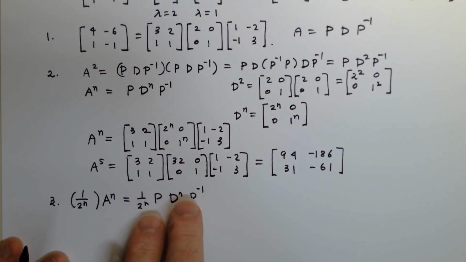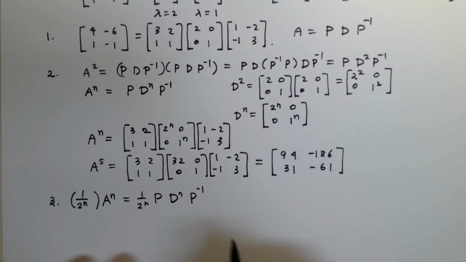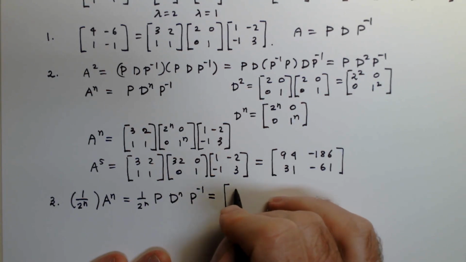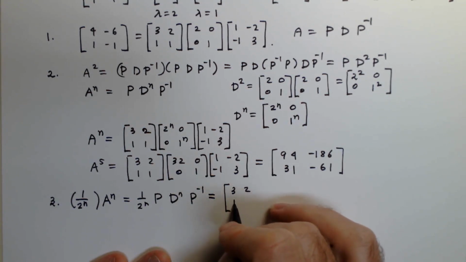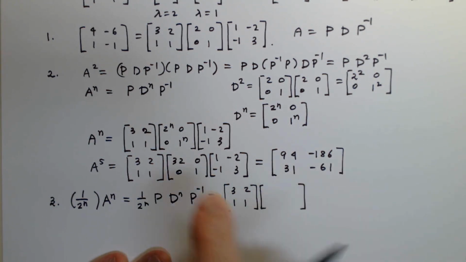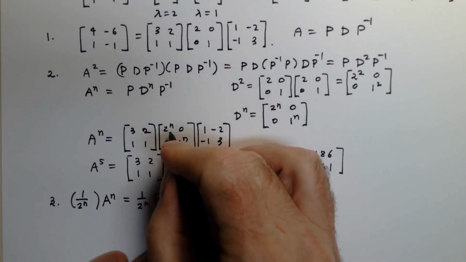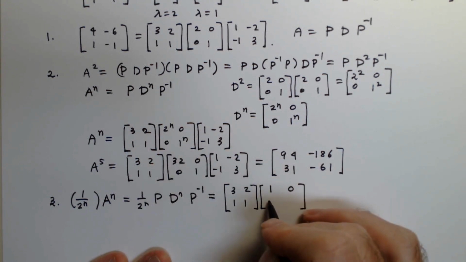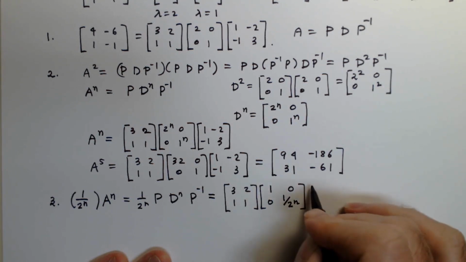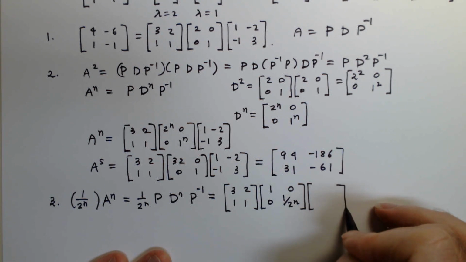So if we think about taking the 1/2 to the n and scaling the matrix D to the n by it, we can see that this representation is going to give us the matrix P times the matrix that's obtained by scaling everything inside D to the n by 1/2 to the n. So I'll get a 1 here, a 0, a 0, and here I'll have a 1/2 to the n. Then I've got P inverse.